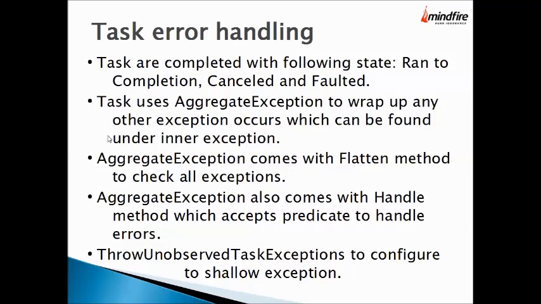So the last thing is task error handling. Whenever a task runs and an exception occurs in it, you will always get an AggregateException. The aggregate exception is like a container of all those exceptions which occur in the task.